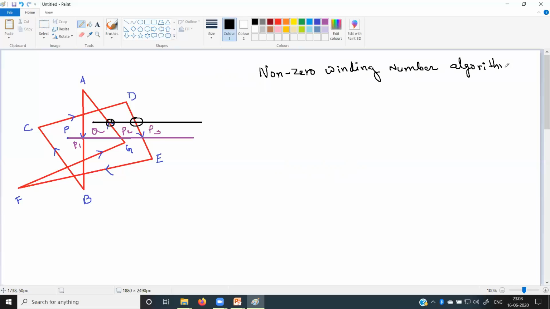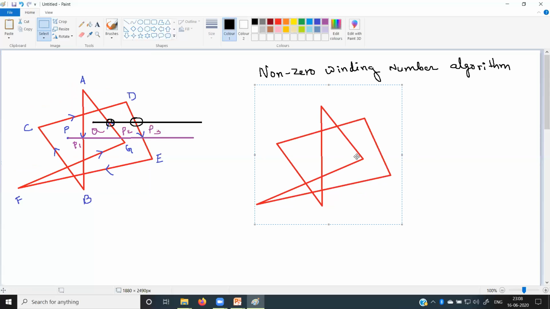Okay. Now we will consider this same polygon. As I told you, we will put the names of the vertices in any one direction, clockwise or anti-clockwise. So let us consider this is point A, this is B, C, D, E, F, G. Fine.